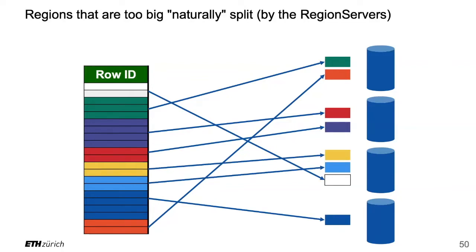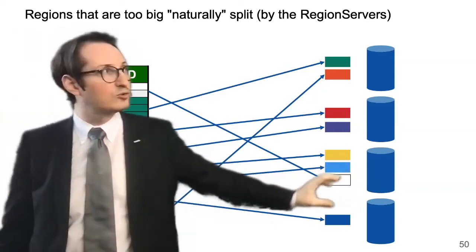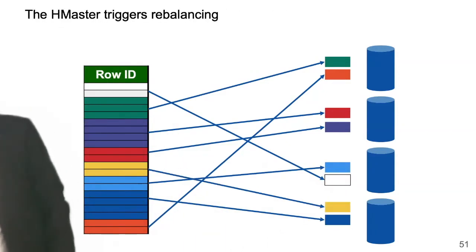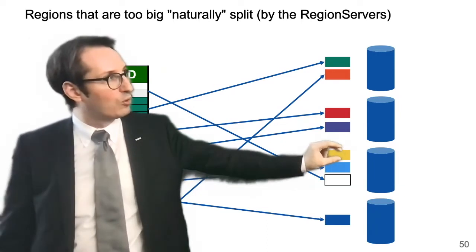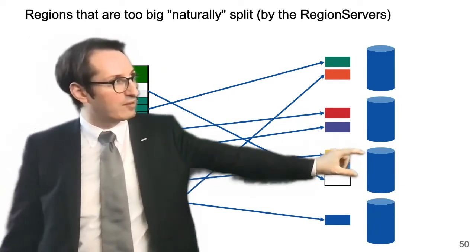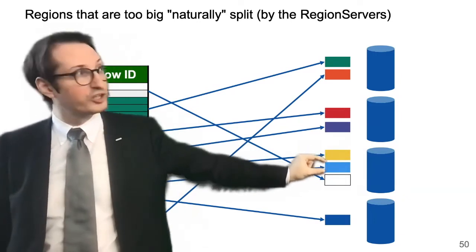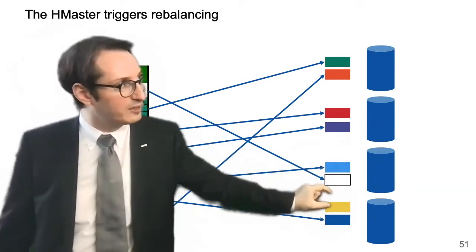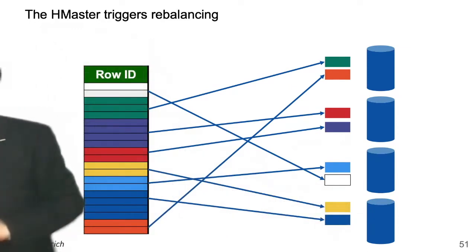When you do that, these two stay on the same region server, but you just split it. And then what you can do is reassign the responsibility. Then you can move the yellow region away from that region server and say, okay, now you're no longer responsible for that region. It's this machine here that now becomes responsible for this region, right?